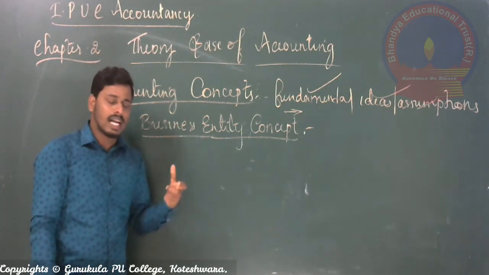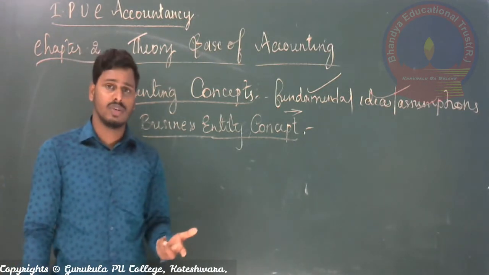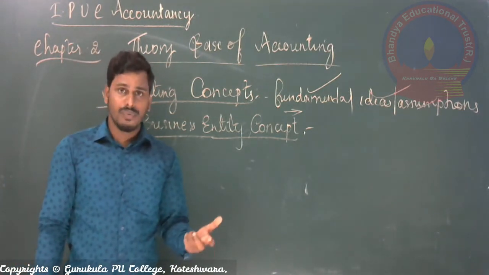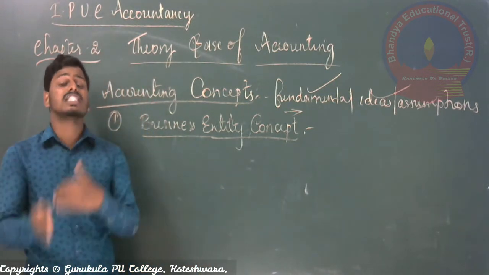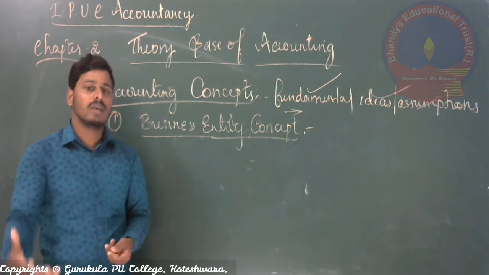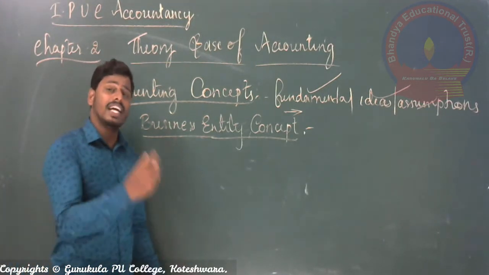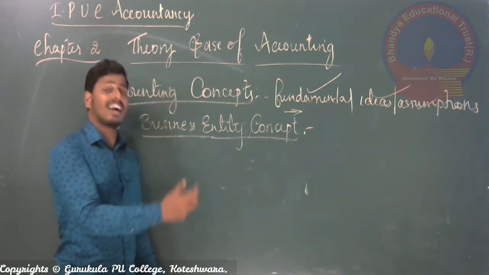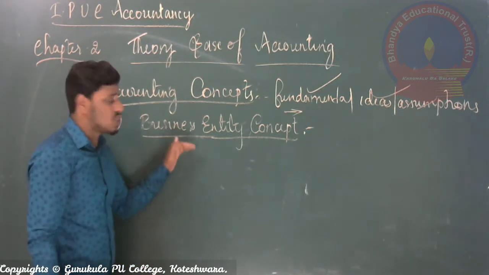Entity means the recognized or identified name of any organization or institution which is taken for the preparation of various books of account of the business organization. It is nothing but a separate individual existence, or the recognized name of the institution, called the business entity.